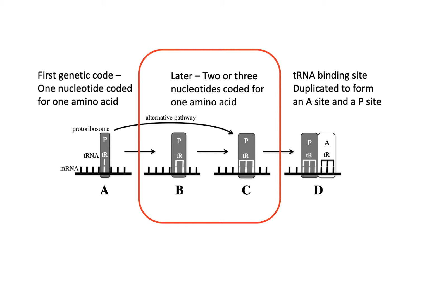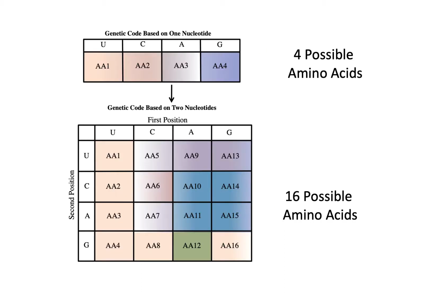Now, whether there's a codon consisting of 2 nucleotides or 3 nucleotides, if the third nucleotide in the triplet doesn't matter much, then the number of amino acids can grow from the 4 in a 1 nucleotide codon system to 16 in the next system, having at least 2 nucleotides in the codon.